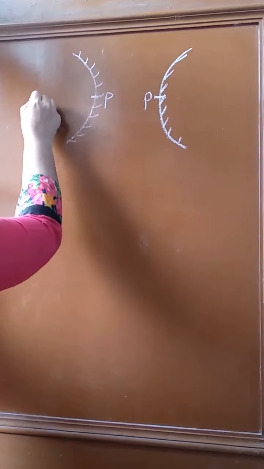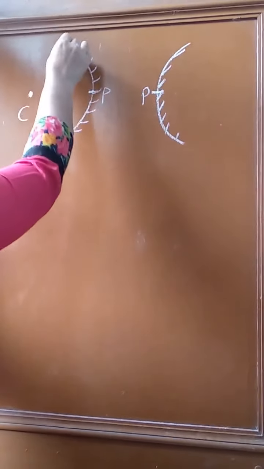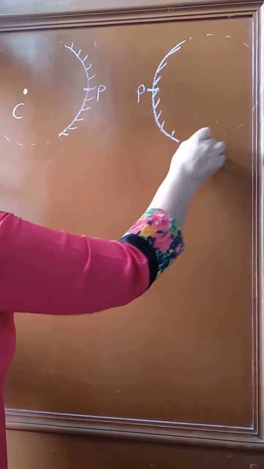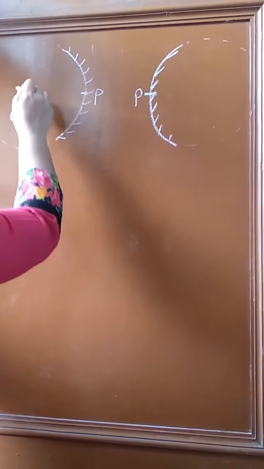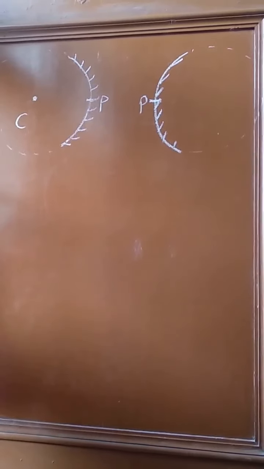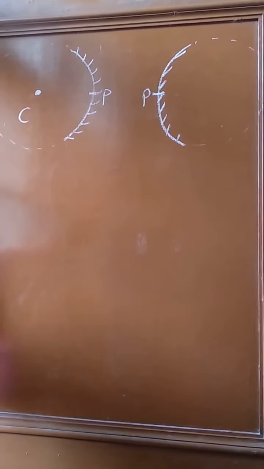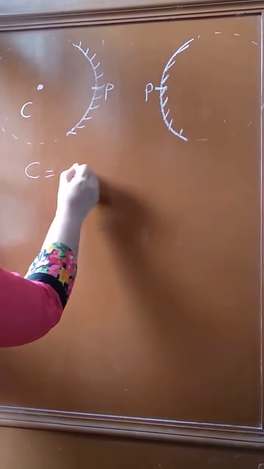Now C is the center. This is a part of a sphere and this is also a part of a sphere. C is the center of this sphere. This is called the center of curvature of the mirror.